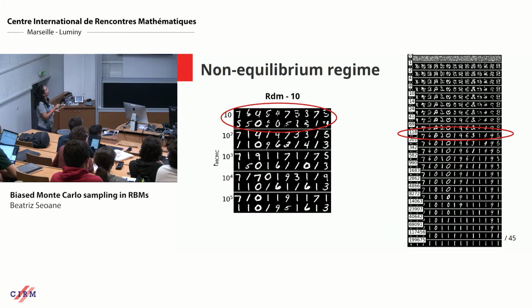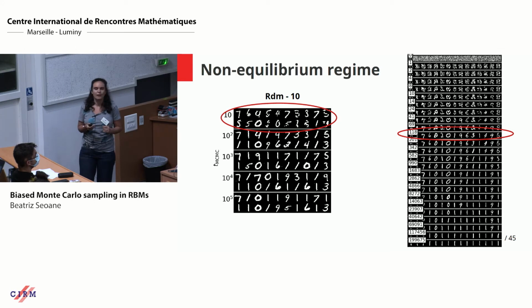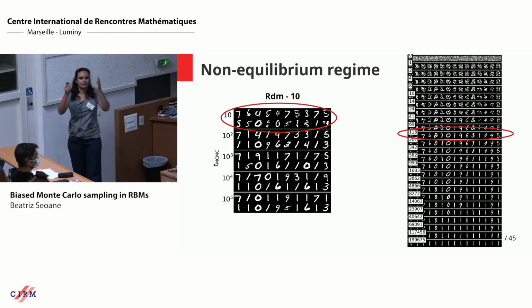Okay, but how does it do in the non-equilibrium regime? As I said, it learns the dynamics. So if we want to create new samples, we would like that if we start from a random configuration, we start to sample and we get numbers. So we can repeat during the learning exactly the same procedure, not starting from the data set, but starting from random.